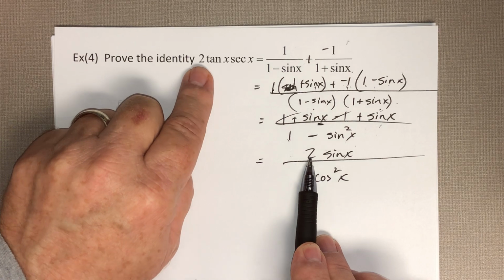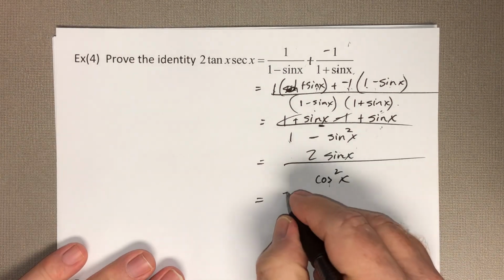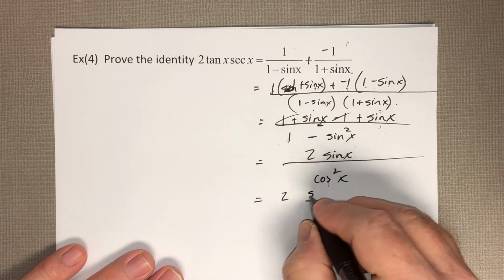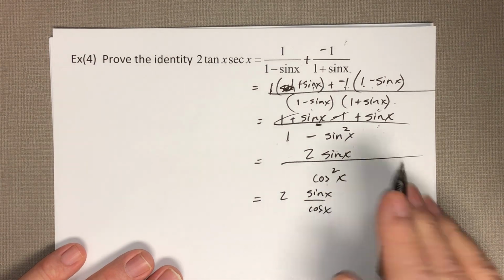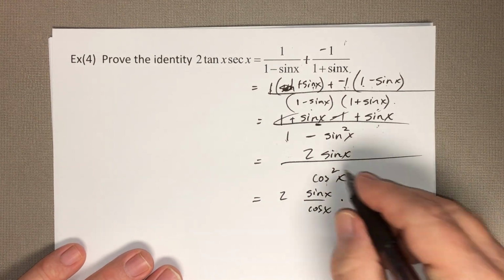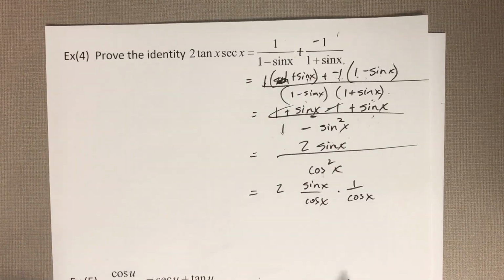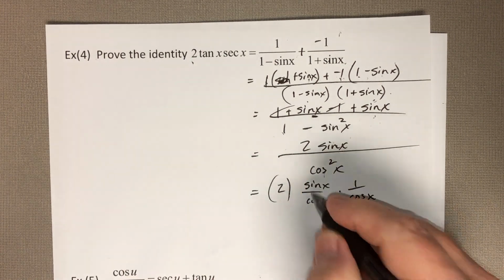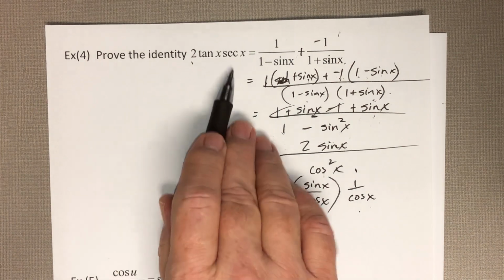I want a tangent. Well, a tangent is a sine divided by a cosine. So I'm going to just do 2 times, and I'm going to separate this over here as the sine of x over the cosine of x, and then times 1 over the other cosine of x that I left out from that denominator. All right, and now there's the 2, there is the tangent, and 1 divided by the cosine is the secant.